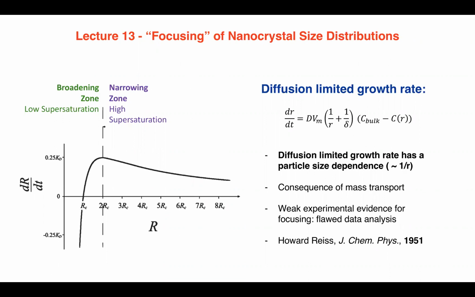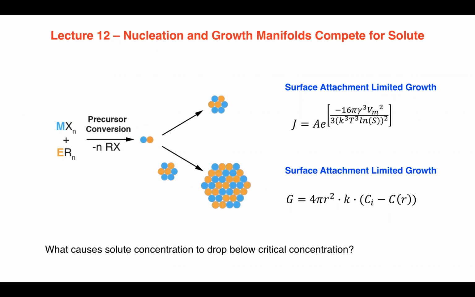All right, so we also introduced this thing that I refer to as kind of like the mass balance model of nucleation. There are three legs to this process. There's the precursor conversion part of the reaction, leading to solutes that then can lead to new crystallites or can attach to existing crystallites.